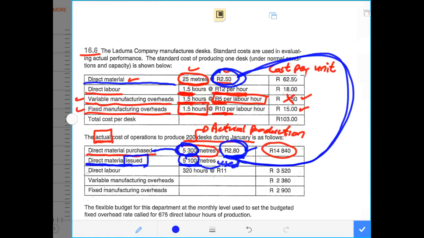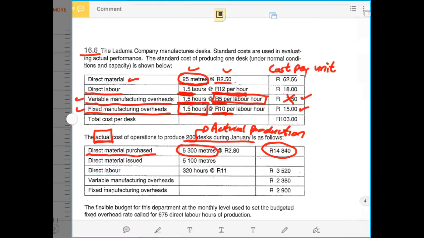Then we go to the direct labor, and we are given 320 hours. That means these are the actual hours that the company incurred in order to manufacture the 200 desks. So the employees, the direct labor, took 320 hours, and those employees were paid 11 rand.